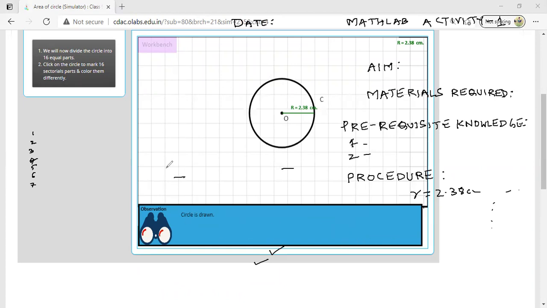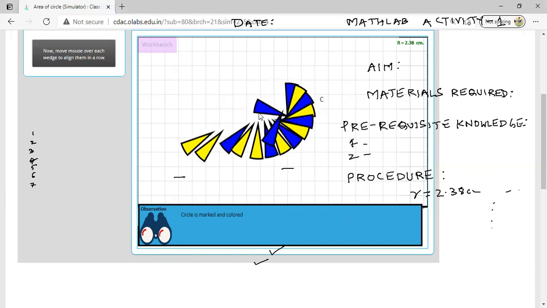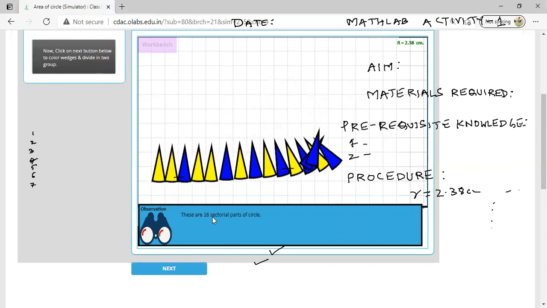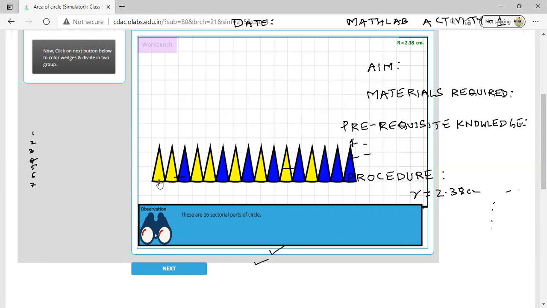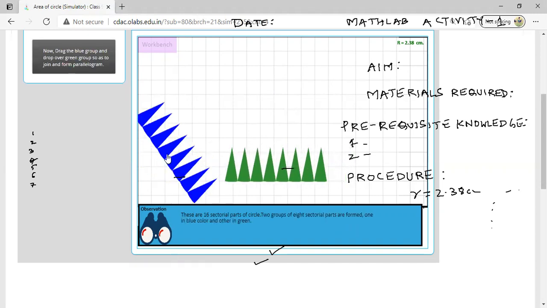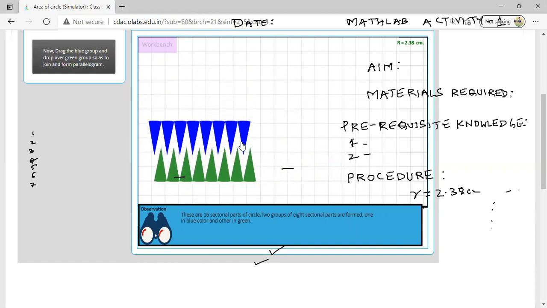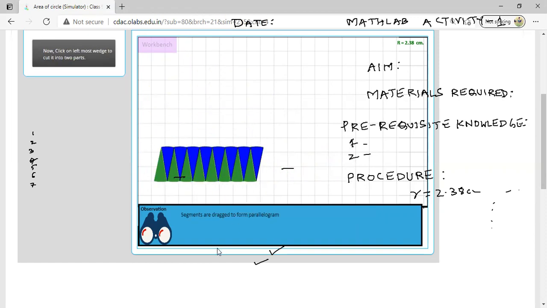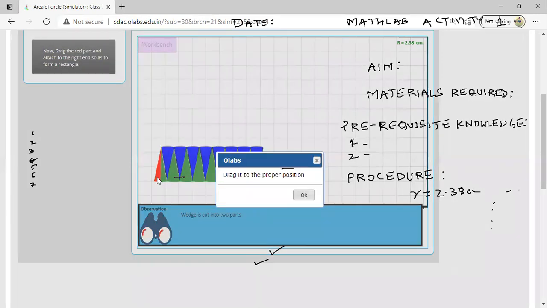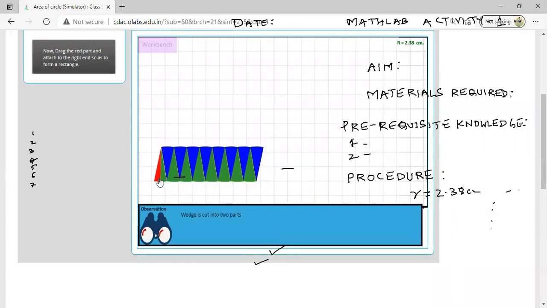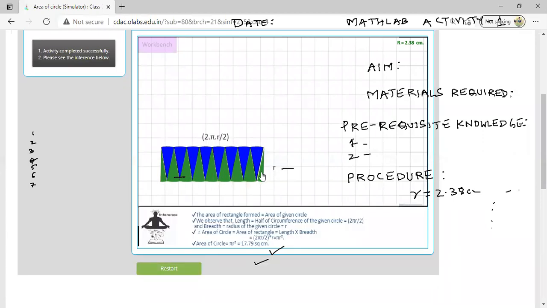Okay. Then do this one. Therefore tracking should be perfect.